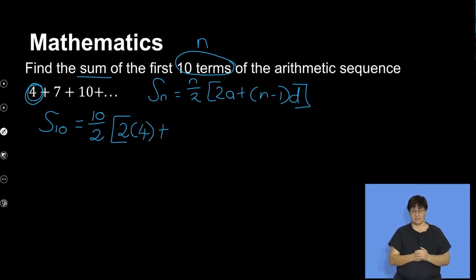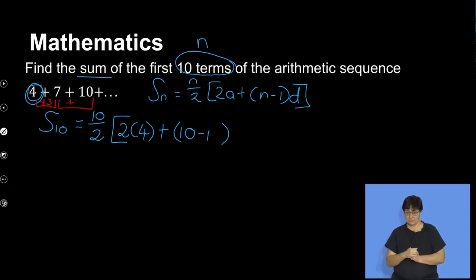Then I'm going to add this to n minus 1. I know that n is 10 because I'm summing the first 10 terms, so it's going to be 10 minus 1. And my common difference, if we look between the terms, I can see that a value of positive 3 has been added each time. So my common difference is 3.